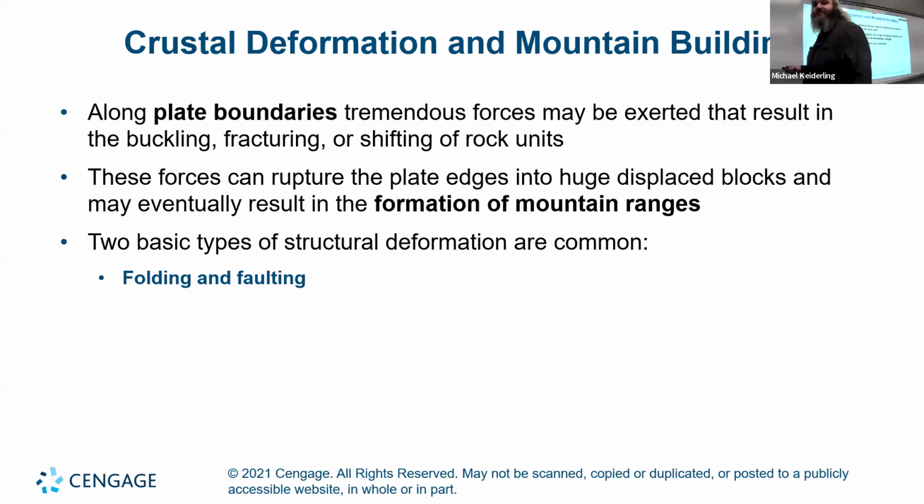And these forces can rupture the plate edges into huge displaced blocks and can eventually result in the formation of mountain ranges. So when you have two things coming together, you can get folding and faulting that leads to the formation of mountain ranges. Especially if you have two continental plates coming together, neither one of them can sink, so they have to bend and crunch and pile up.